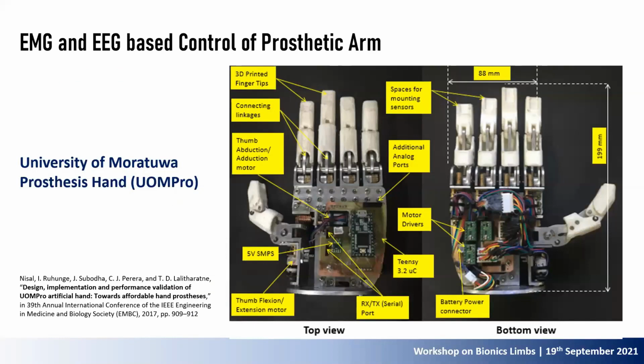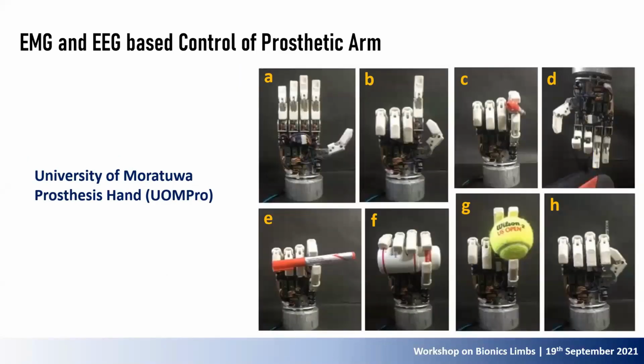We use CNC aluminum parts and 3D printed parts to fabricate the mechanical structure, and for actuators we use a set of micro GM motors, and all motor drivers and low-level controllers were embedded onto the palm of the prosthetic. I'm not going to go into more detail about the mechanical design here. Pro was able to mimic various hand grips as shown in this video and this photo.